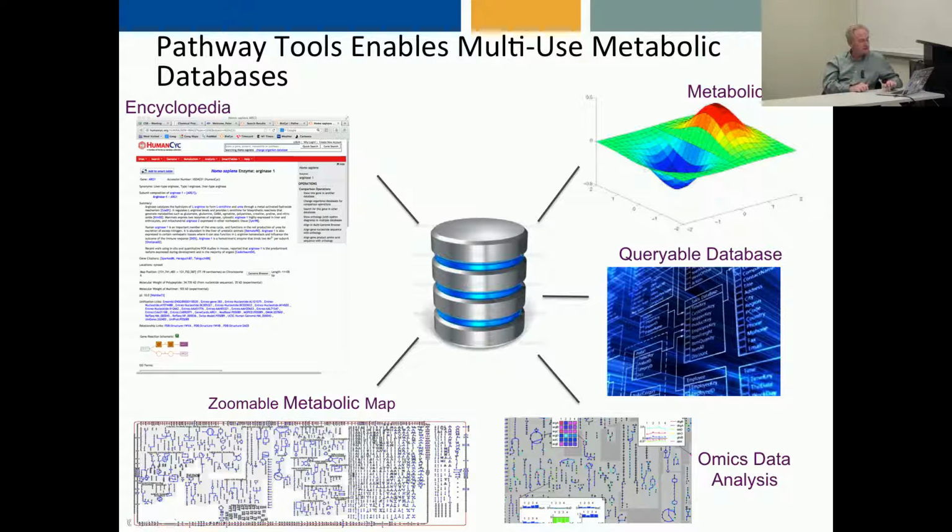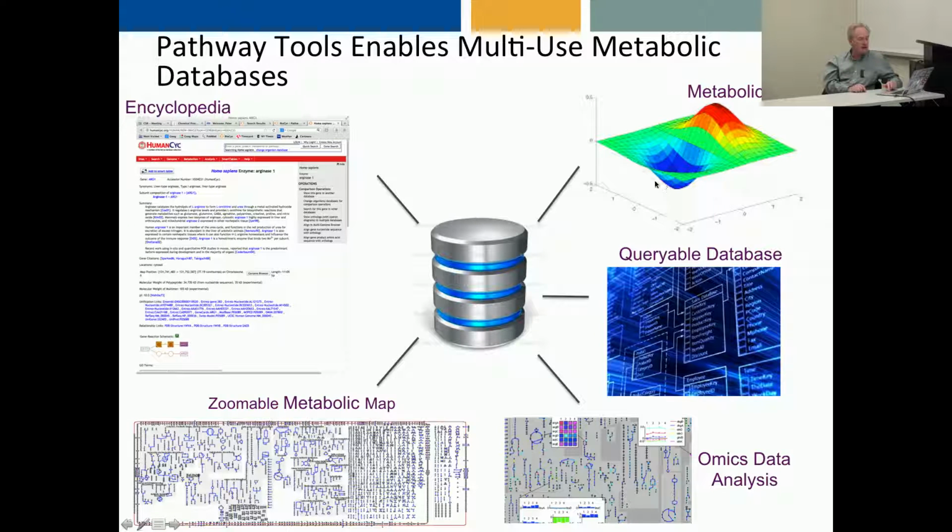Some other uses of the database is that we can generate these zoomable metabolic map diagrams directly from the database. That's one of the visualizations we generate. And that can be used for high throughput data analysis. I'll talk about that shortly. We also have various query tools for letting scientists extract sub-collections of information from the database, like find all proteins that have some properties of interest to the scientist.